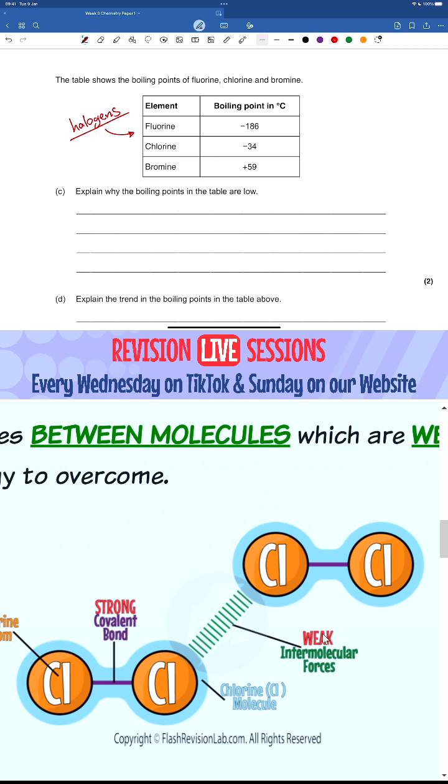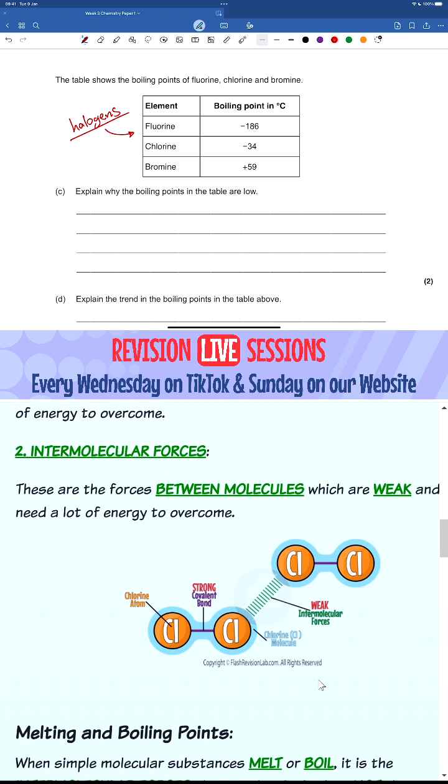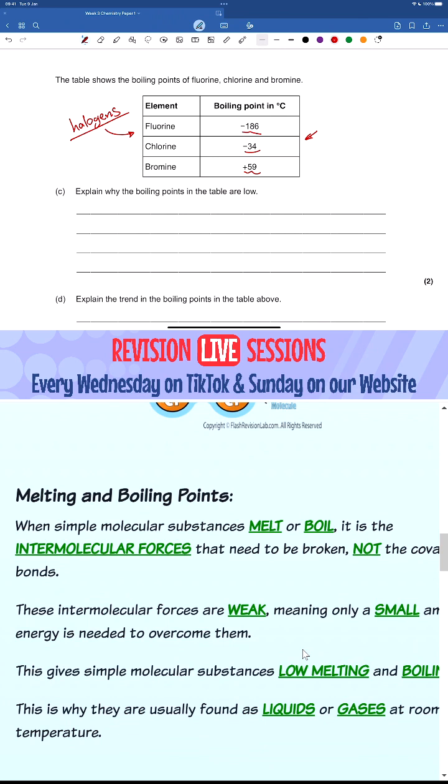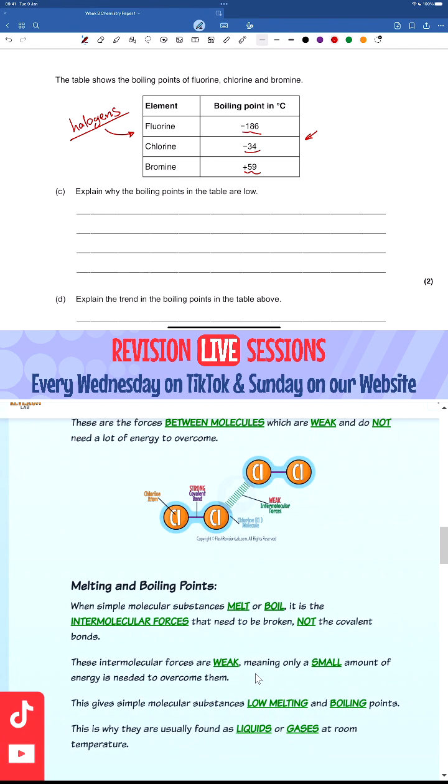So when you're trying to melt or boil these, it's not the covalent bonds you're trying to break. They're very hard to break. When you're melting these, it's the weak intermolecular forces you're trying to break. And because they're weak, it's very easy to break them. You don't need that much energy. So all of these have very low boiling points. You can see the negative, and that's very low as well. So it's all to do with intermolecular forces. You don't mention covalent bonds here because covalent bonds are not being broken.